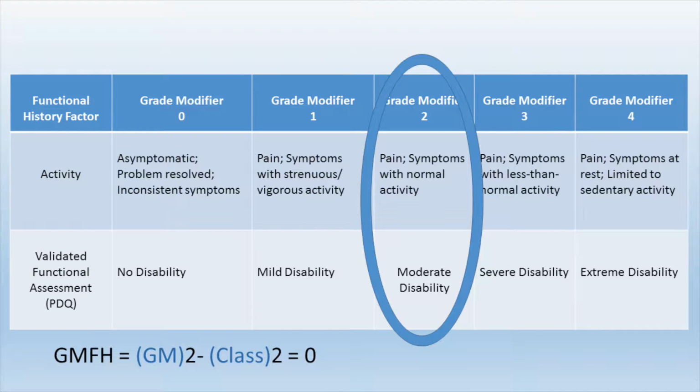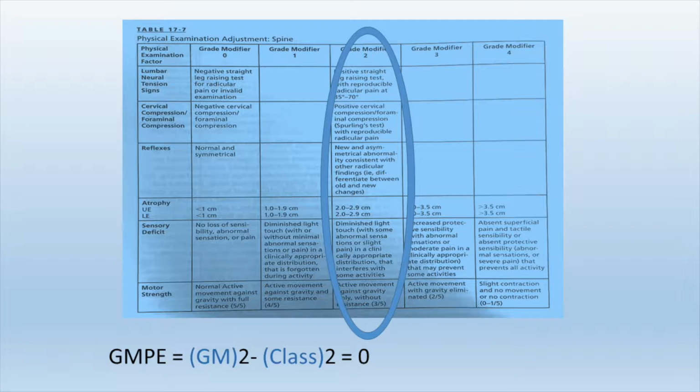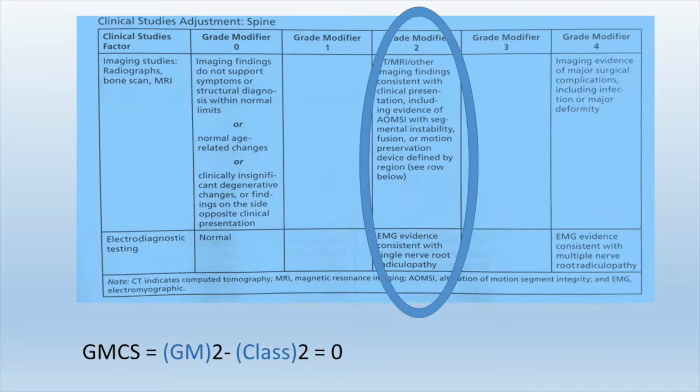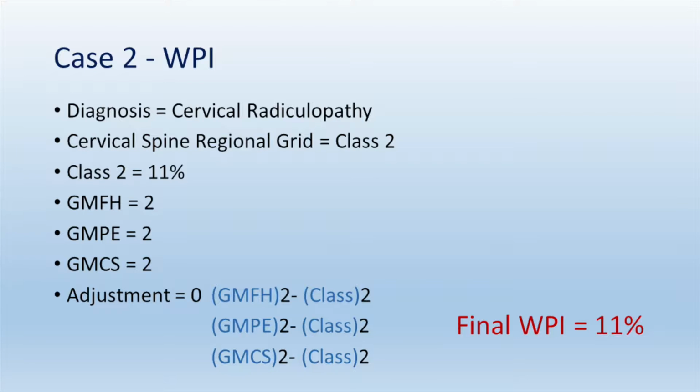If we look at the more detailed modifiers, he has pain with normal activity, and the physical examination confirms the ongoing neurological deficit, and our radiological investigations confirm the problem, so there's no adjustment required, and his final whole person impairment is 11%.